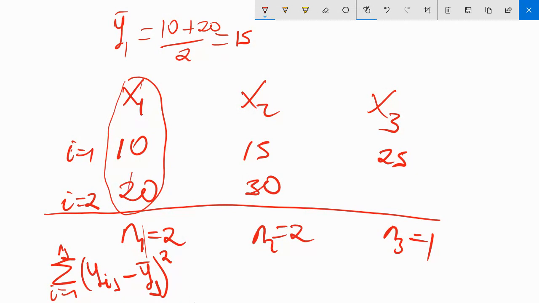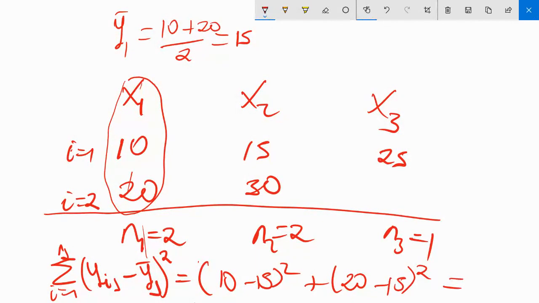So the mean for this is 15. And then we have 10 minus 15 squared plus 20 minus 15 squared. Here it is 5 squared, so 25 plus 25 is 50. So for this column, we're going to have 50.